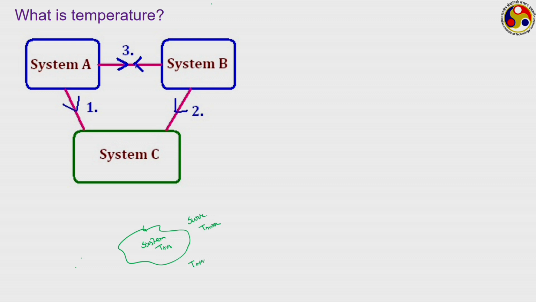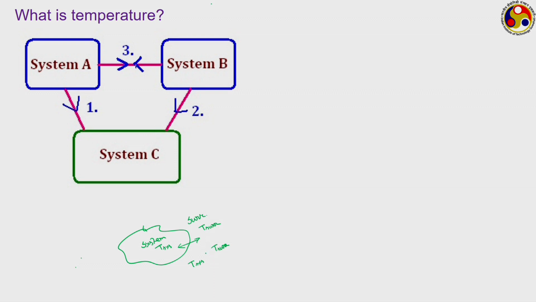Now if they are not equal, then there will be some kind of energy exchange between them, and that energy exchange we call heat transfer, because heat is defined as the form of energy which can cross the boundary of a system only because of a temperature difference between system and surrounding.